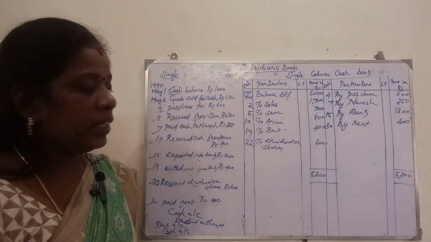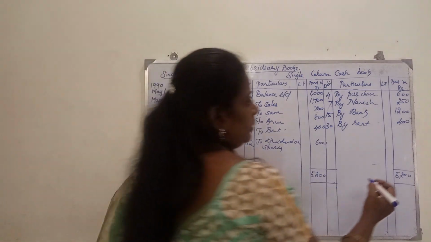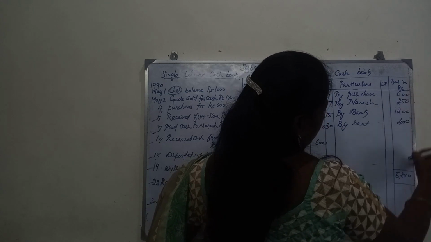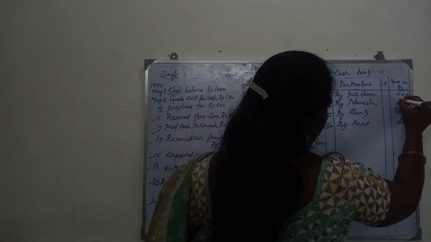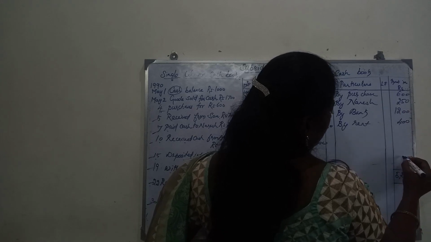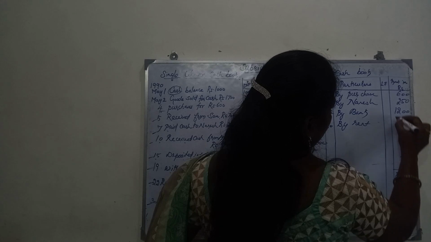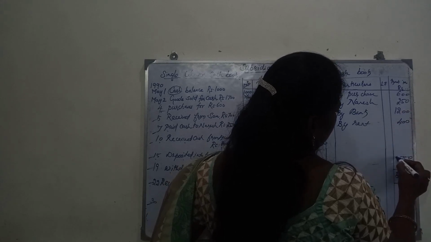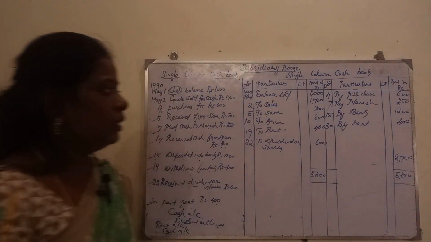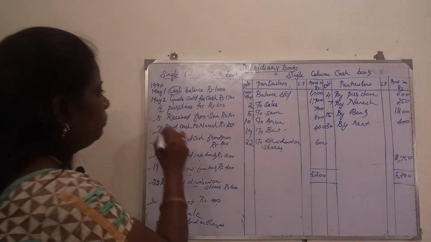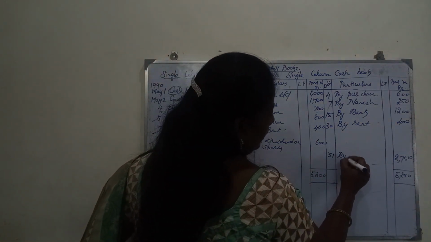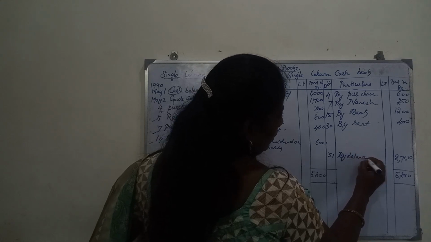5,200. Now we have to find the balance. What is the difference between these two amounts? So 2,750, on the last date of the month, May 31st. By balance carried down.